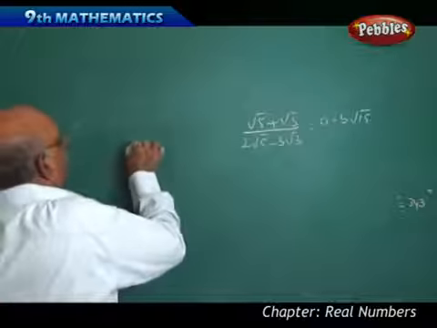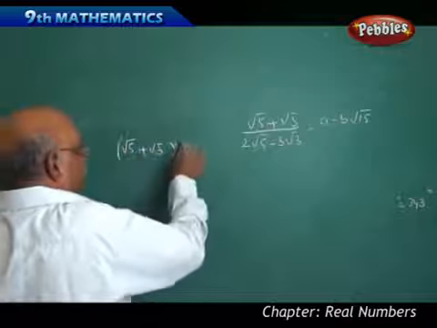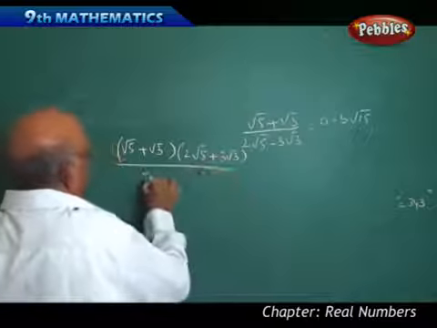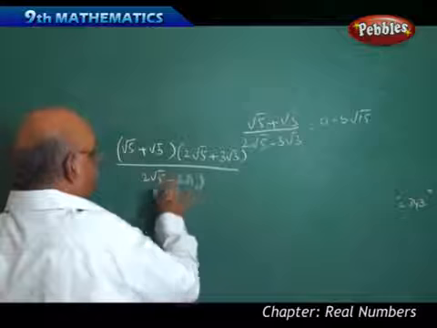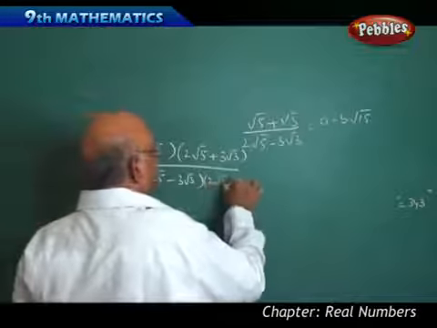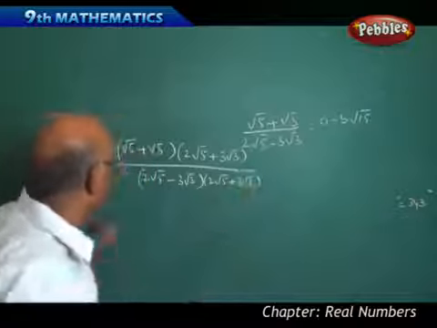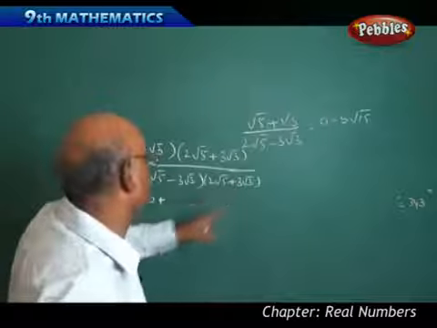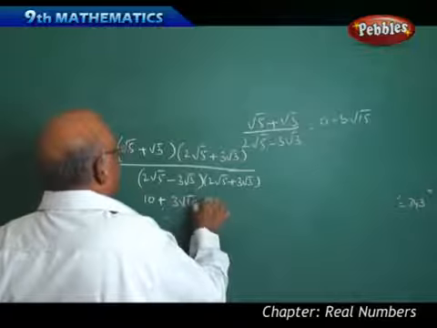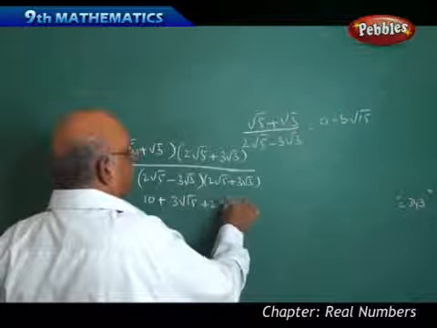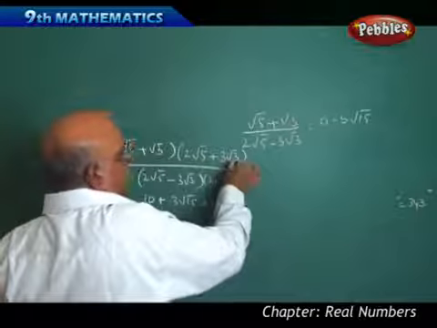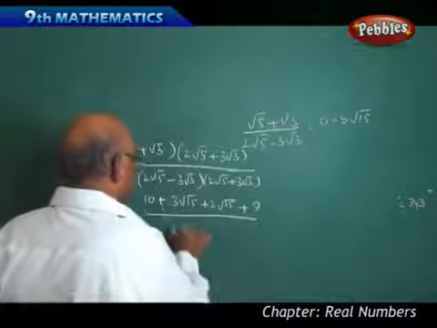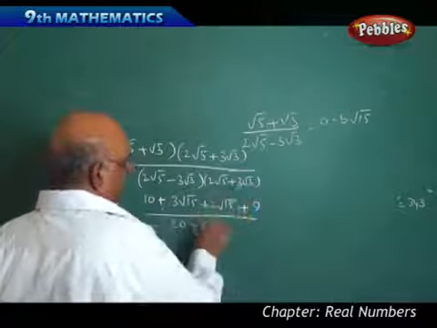Then, (root 5 plus root 3) into (2 root 5 plus 3 root 3) whole divided by (2 root 5 minus 3 root 3) into (2 root 5 plus 3 root 3), which is equal to root 5 into root 5 is 5, 5 twos are 10, plus root 5 into 3 root 3, that is 3 root 15, plus again 2 root 15, plus root 3 into 3 root 3, 3 threes are 9, divided by 4 fives are 20, minus 3 threes are 9, 9 threes are 27.